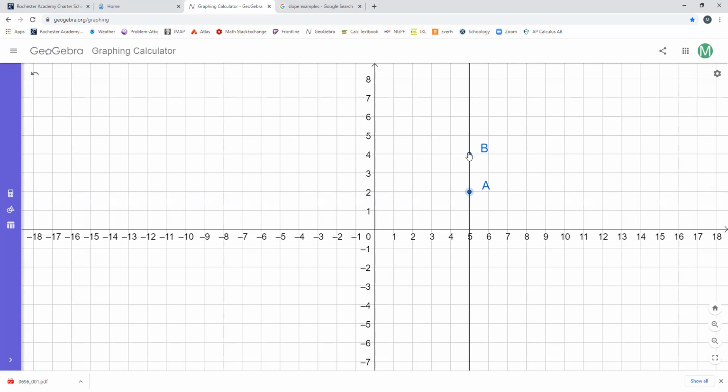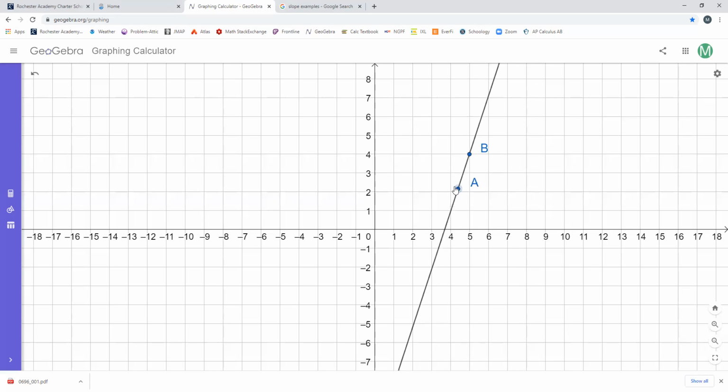So this would be a slope of 2 over 0. And what happens when we divide by 0 in math? Well, terrible things happen. We don't do it because it's so nasty. So we don't really have a number to express how steep this line is. So we're going to say that this is an undefined slope. Sometimes we say this has no slope.